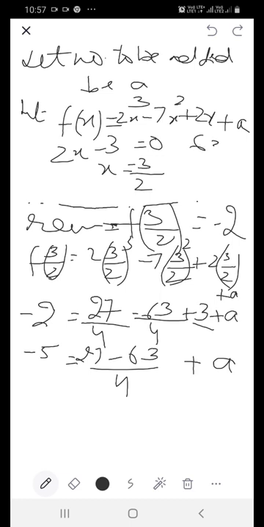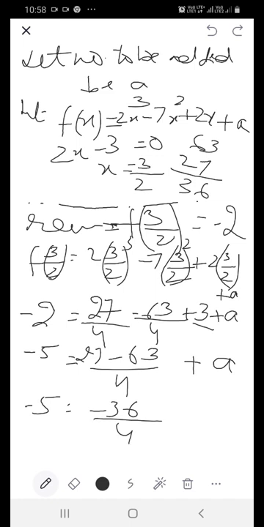Subtract 27 from 63, it will be 36. Minus 5 is equal to minus 36 upon 4. Then how much is minus 36 upon 4? It will be minus 9. Minus 9 when taken to the left will become 9. Then 9 minus 5 is equal to a. So what is the value of a? 4.